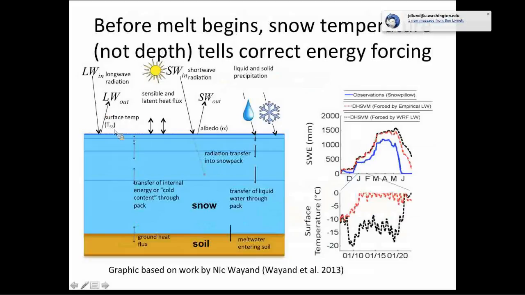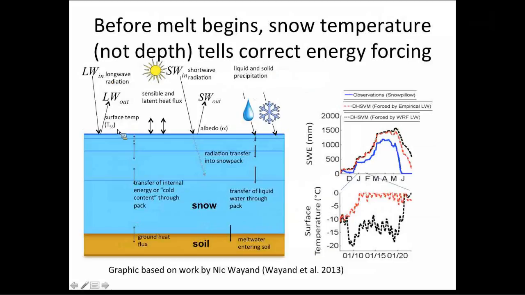And basically, you can start using the snow surface temperature as an integrated measure of the energy balance going into and coming out of that snowpack, and get an idea of whether you're putting the right input into melting the snow. So here's a picture of how we might model the snowpack energy balance.